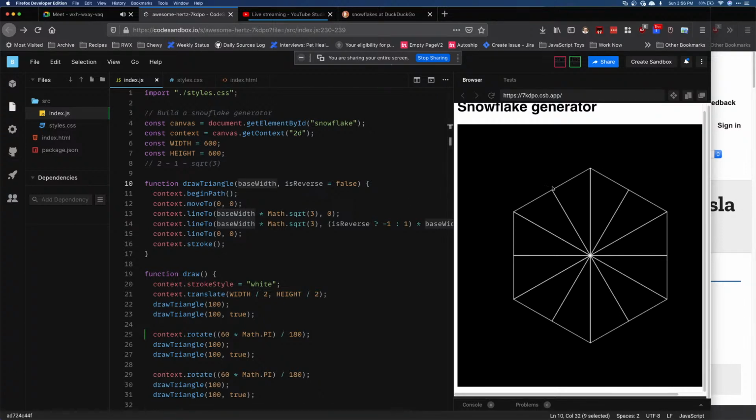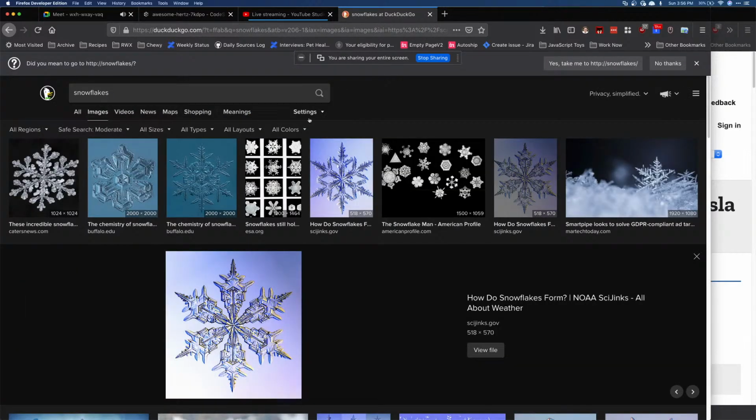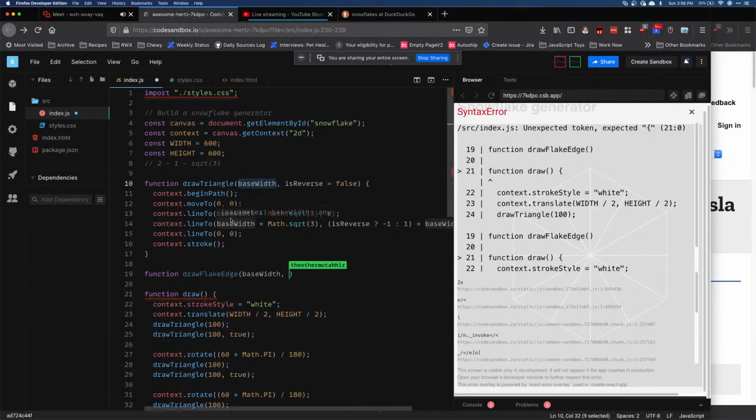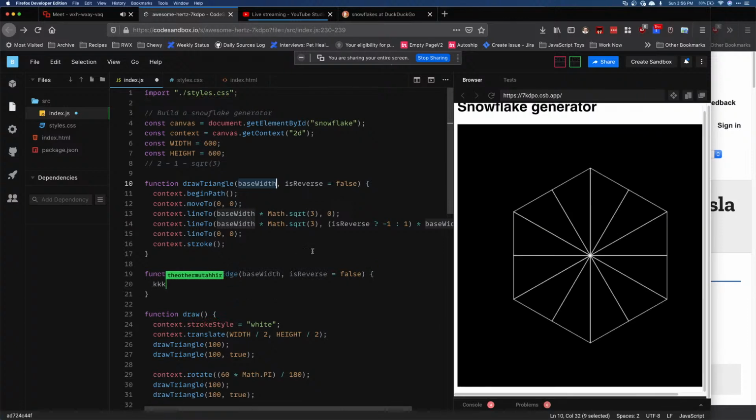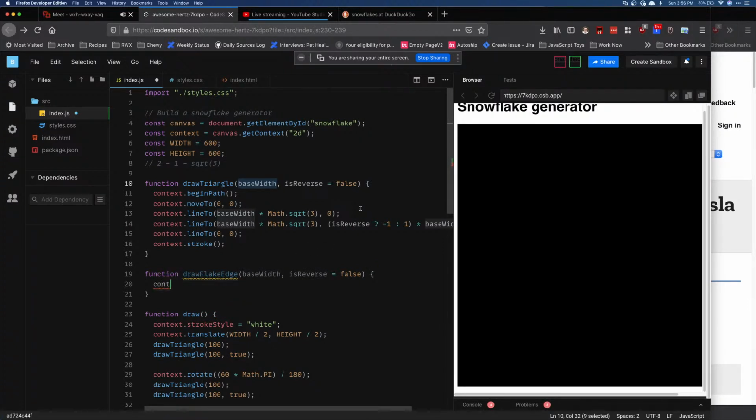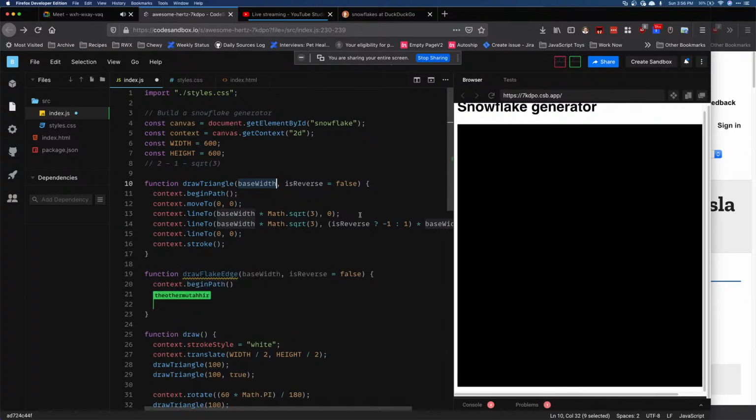So how would you do this? Because these triangles are going to be just for us to see, right? So draw flake edge is going to be kind of the same code. But the problem is that we're not doing a lot of calculations right now. So we say context.beginPath, just starting and ending it.